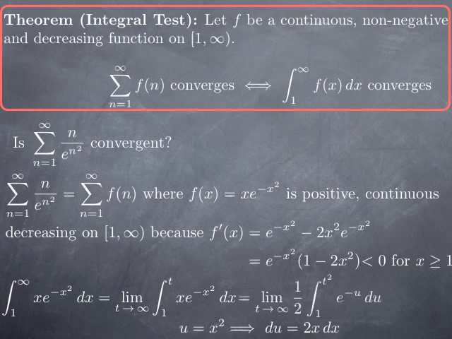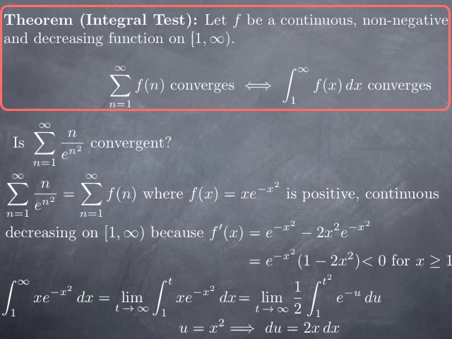And so I get the limit of 1/2 times the integral of e to the negative u du, and we change the bounds because we made a substitution in a definite integral. When x is 1, u is 1, so I don't change the lower bound of integration. When x is t, u is t squared, so now the upper bound of integration becomes t squared.